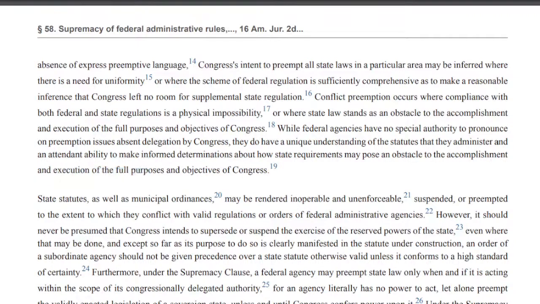Purposes and objectives. Purposes have to be defined here. Whenever you're trying to find out about execution of the requirements, it would require a purpose and objective of Congress.